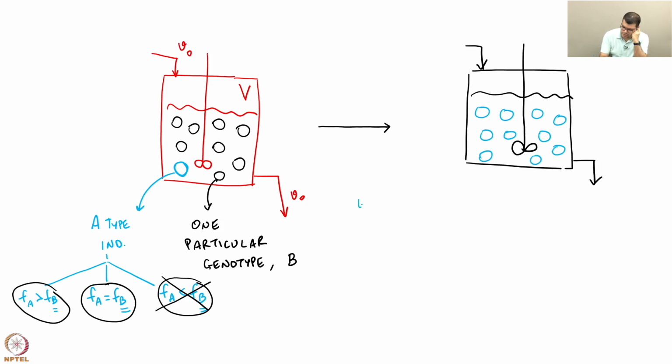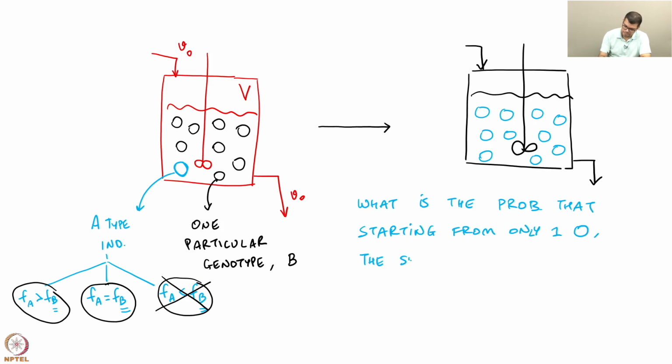So, the question of interest is, what is the probability that, starting from only one individual of blue type, the system reaches the state where all cells are blue type?